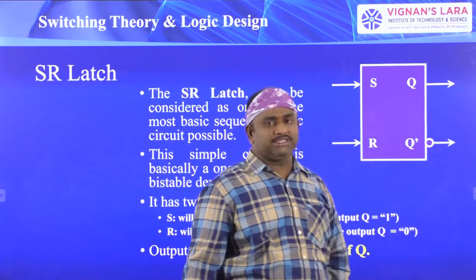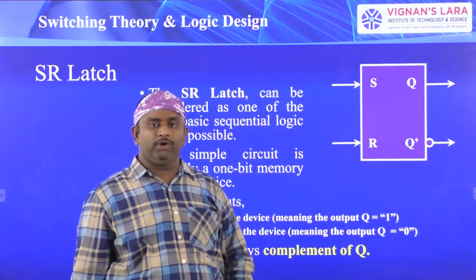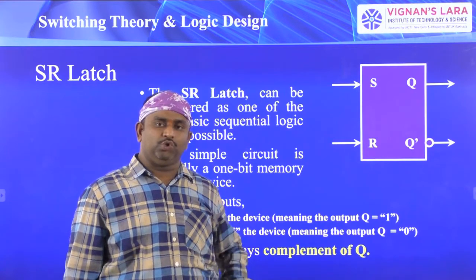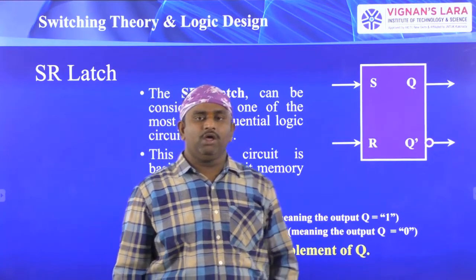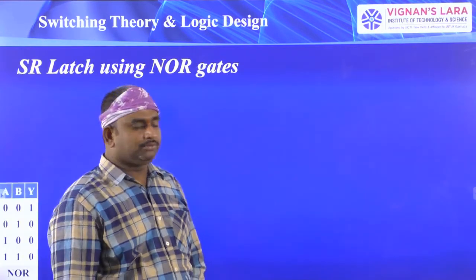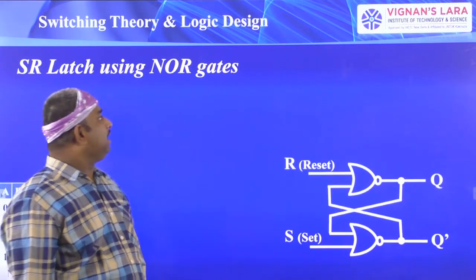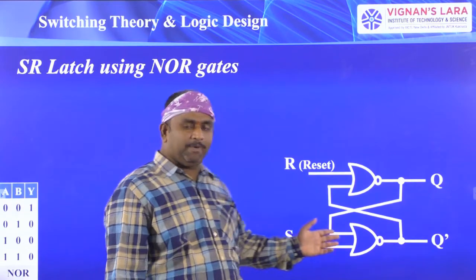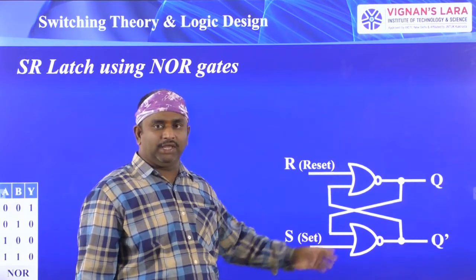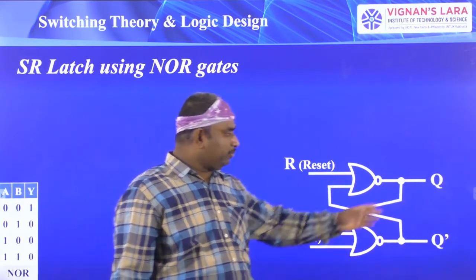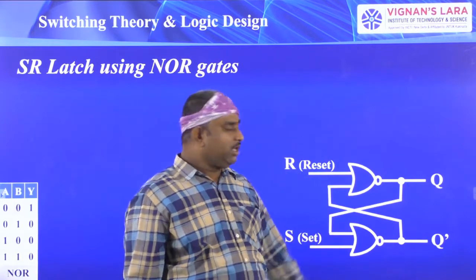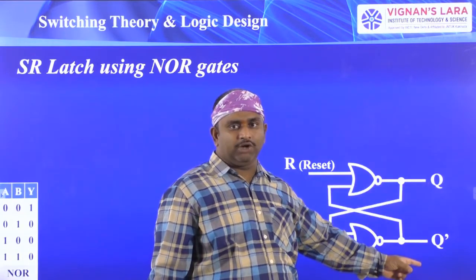The first is the original output Q, and the second is Q bar, the complement of the original output. In the last class we saw the SR latch operation with the help of NOR gates. I took two NOR gates for producing two different outputs: the first output is Q, the second is Q bar.